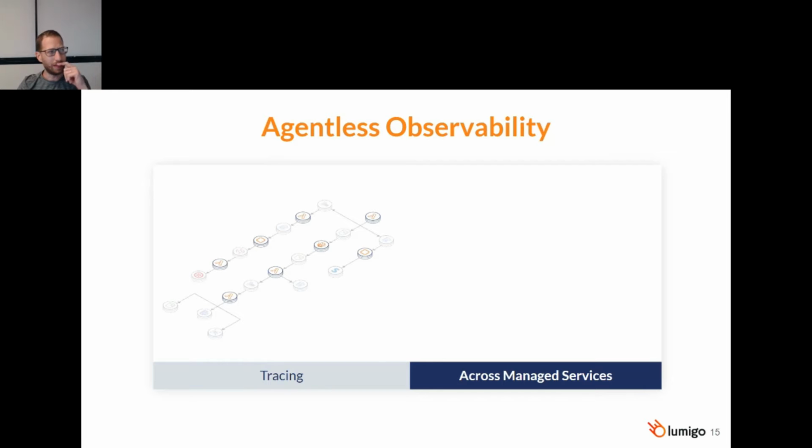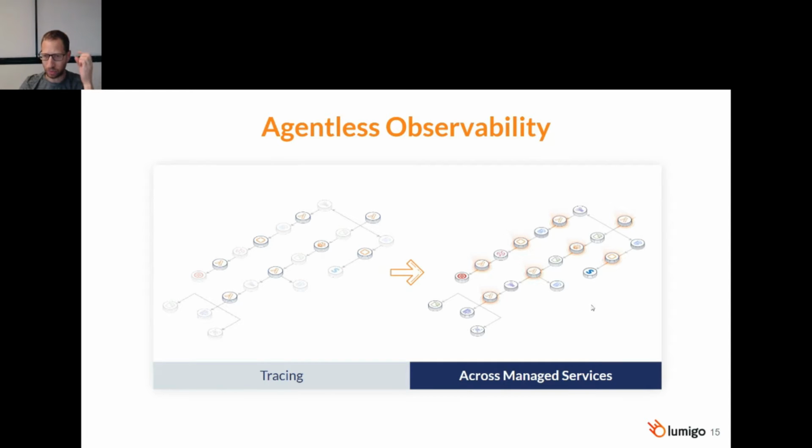So with that in mind, what can you do? There are different ways you can implement things that will allow you to still have distributed tracing when it is across managed services. The simplest, let's call it, the manual way, would be to figure out a way to pass a correlation ID, let's say across DynamoDB.